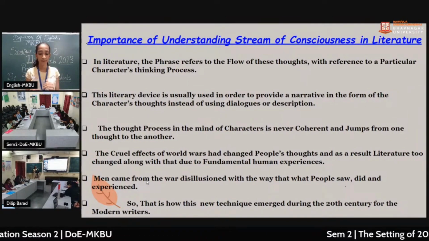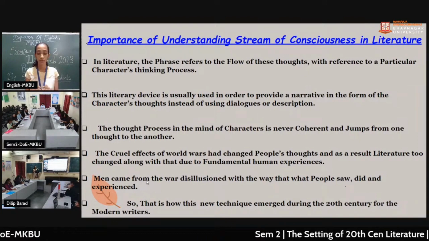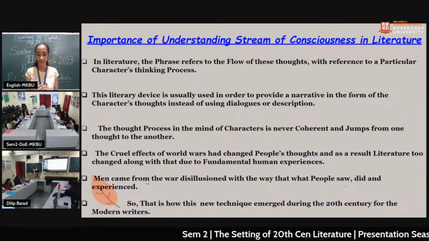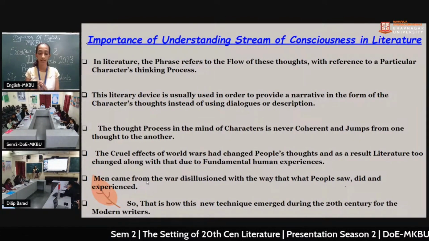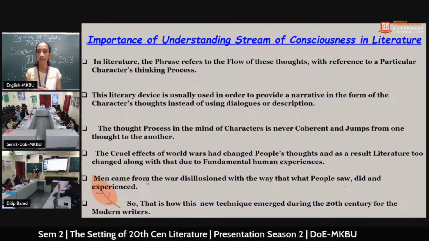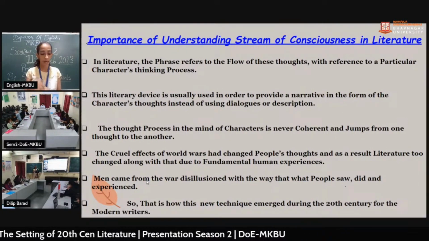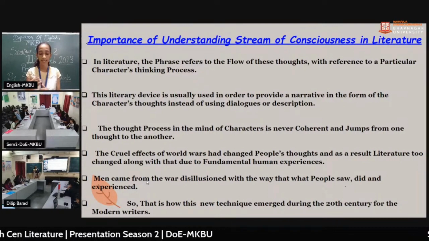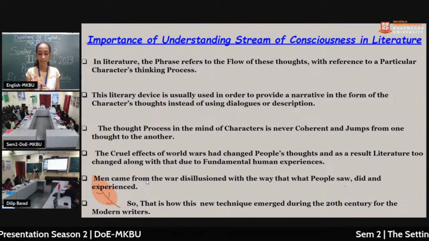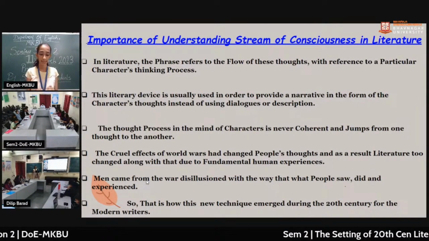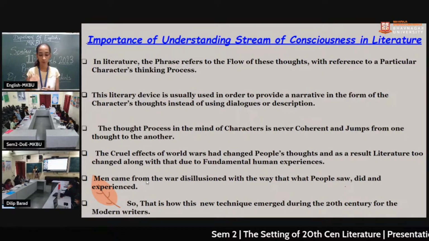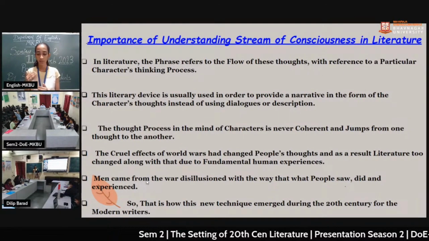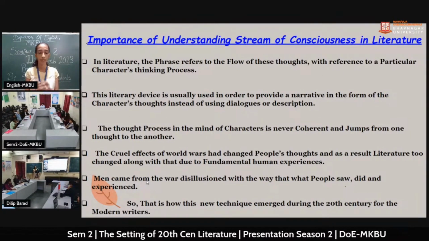The cruel effects of the World War had changed people's thoughts, and as a result, literature too changed along with that due to the fundamental human experiences. Men came from the war disillusioned with the way that people saw, did, and experienced. So that is how this new technique emerged during the 20th century for the modern writers.